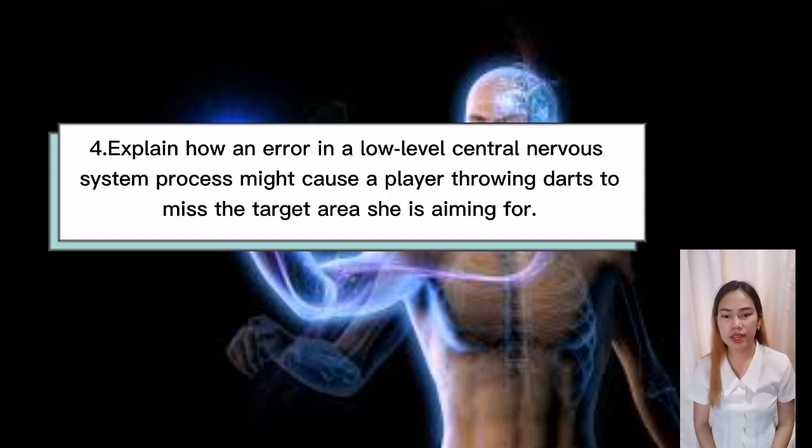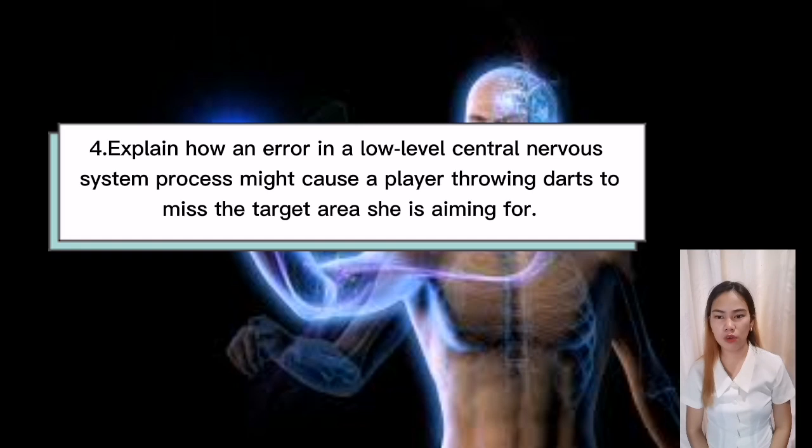Last question is, explain how an error in a low-level central nervous system process might cause a player throwing darts to miss the target area she is aiming for.